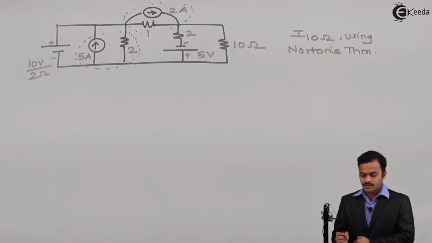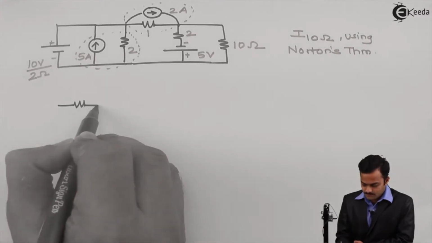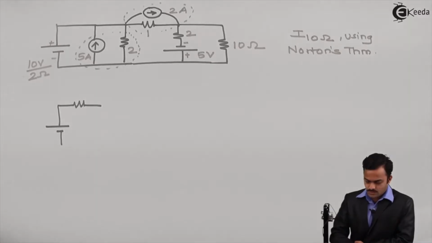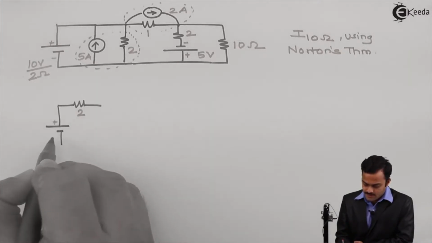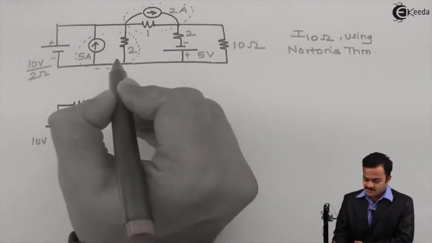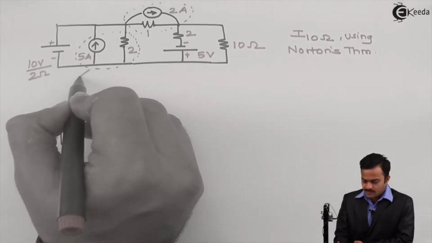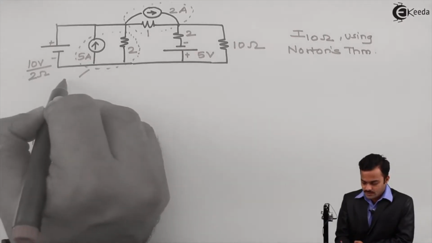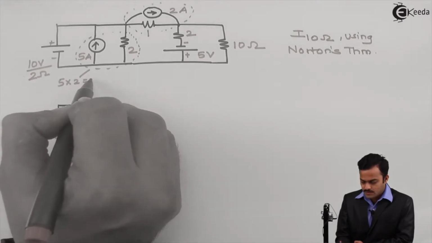So actually this circuit is nothing but, so what I have done over here, the 2 ohm will come in series with the 10 volt battery. This is the first thing. Second, this is a current source which can be converted into an equivalent voltage source, which will be 5 multiplied by 2, which is 10 volt.